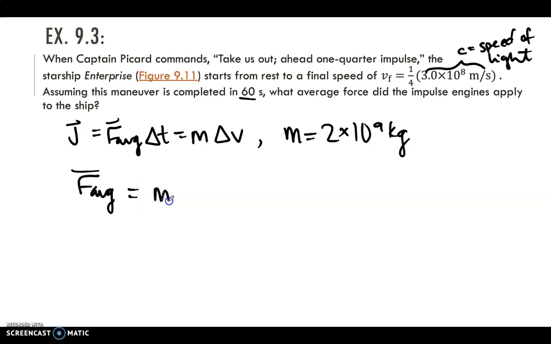So it'll be mass times delta V over delta T. Okay, so it'll be 2 times 10 to the 9th kilograms.